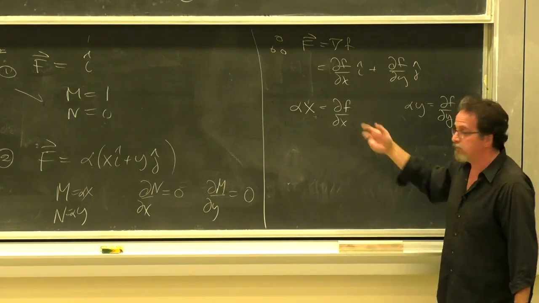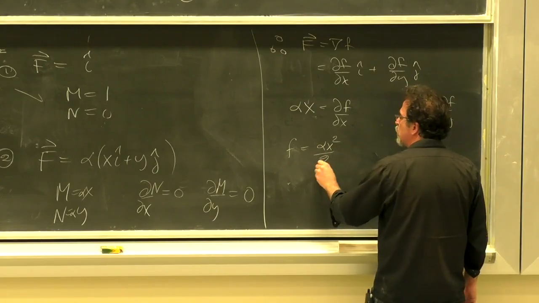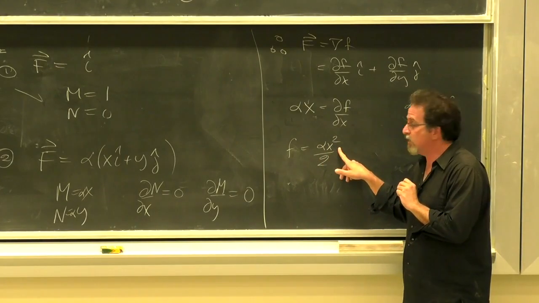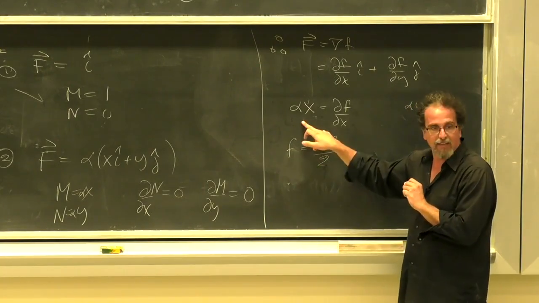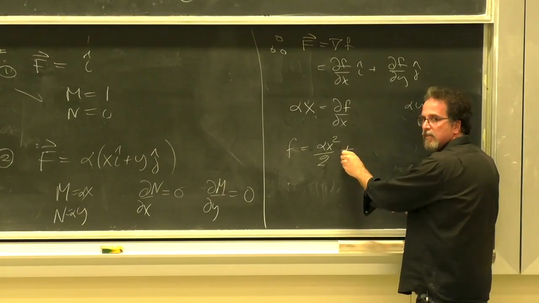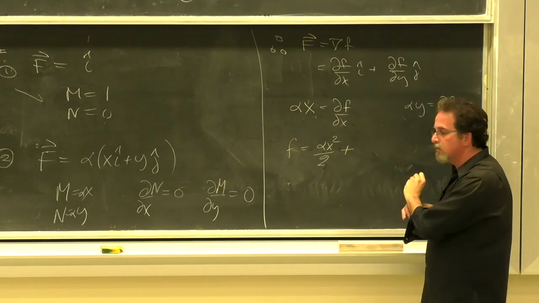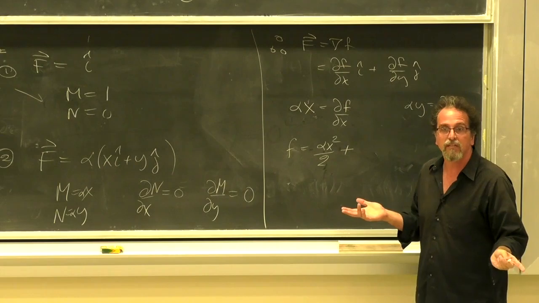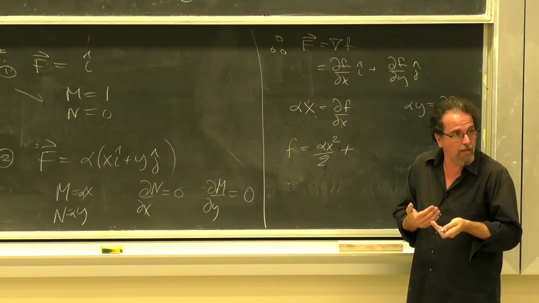That means f is equal to alpha x squared over 2, right? Because the x derivative of alpha x squared over 2 is 2 alpha x divided by 2, so it's alpha x. Plus a constant: anything that doesn't depend on x. So it's not truly a constant, because things can depend on x and y here.